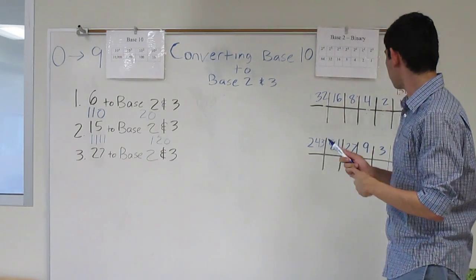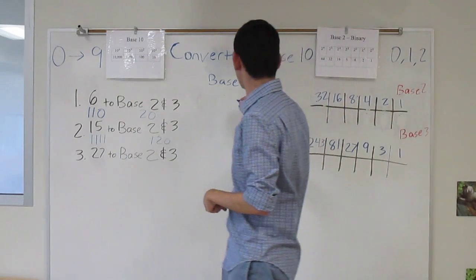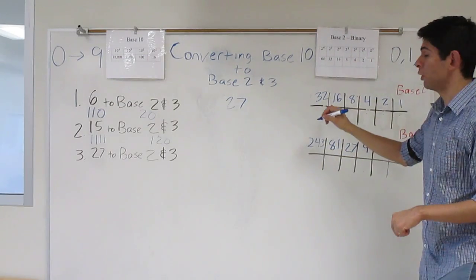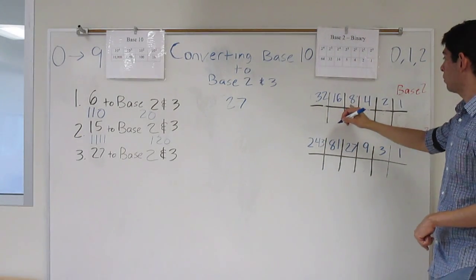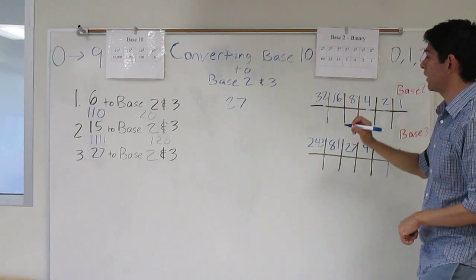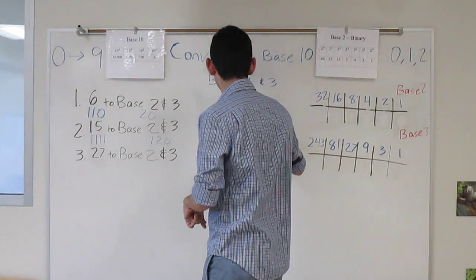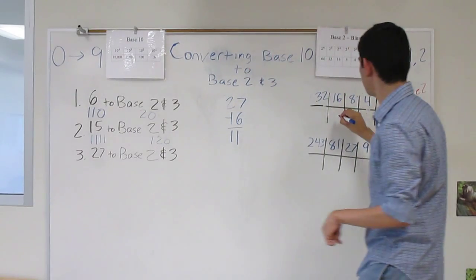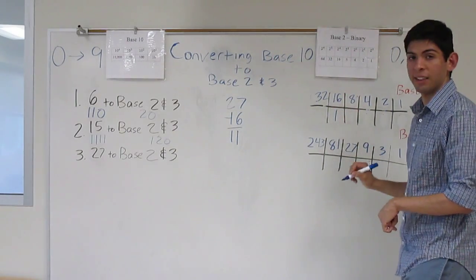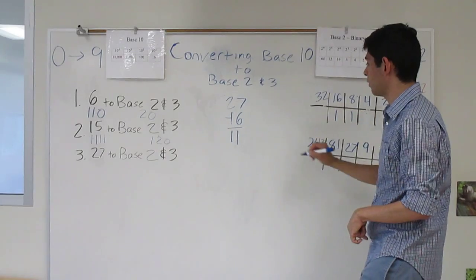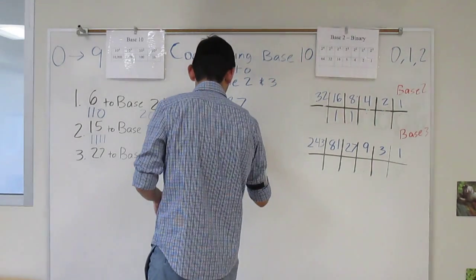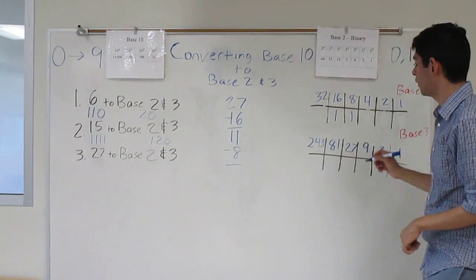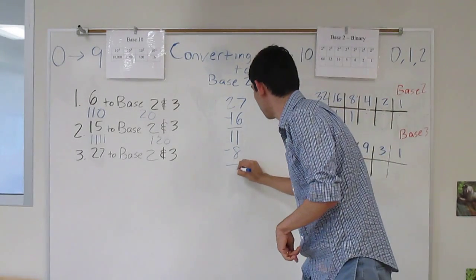Okay, so we have the number 27 right here. Using base 2 first. We know that 32 does not fit in, but 16 does. 16 gives us a remainder of 11, and we used it one time. 8, we know that it fits into 11 one time, and we'll just keep on going. That gives a remainder of 3.